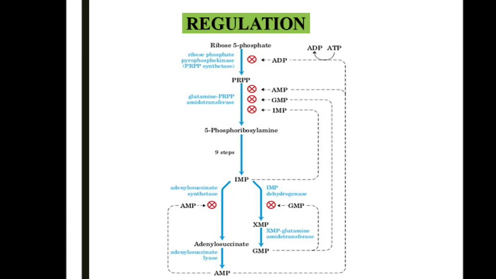Now coming to the first regulation. The first regulation is allosteric inhibition. The PRPP is converted to 5-phosphoribosylamine, which is the very first step of purine biosynthesis. It is catalyzed by the enzyme called glutamine PRPP amidotransferase. It is inhibited by AMP, GMP and IMP. Look at this, purine nucleotides which have got an inhibitory effect on this enzyme.